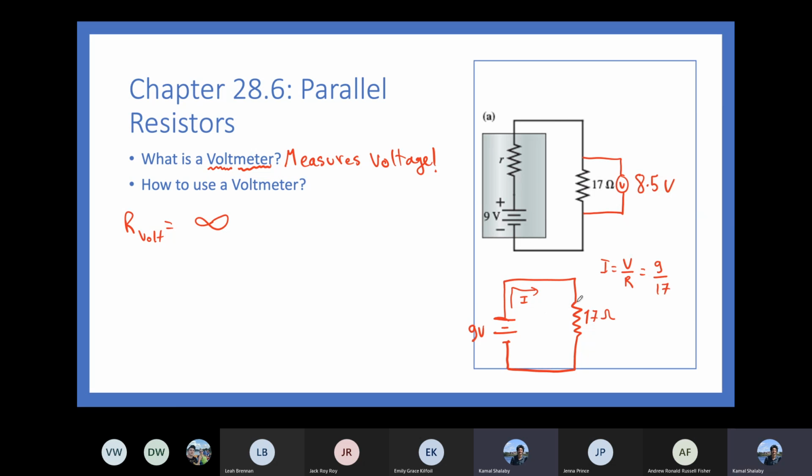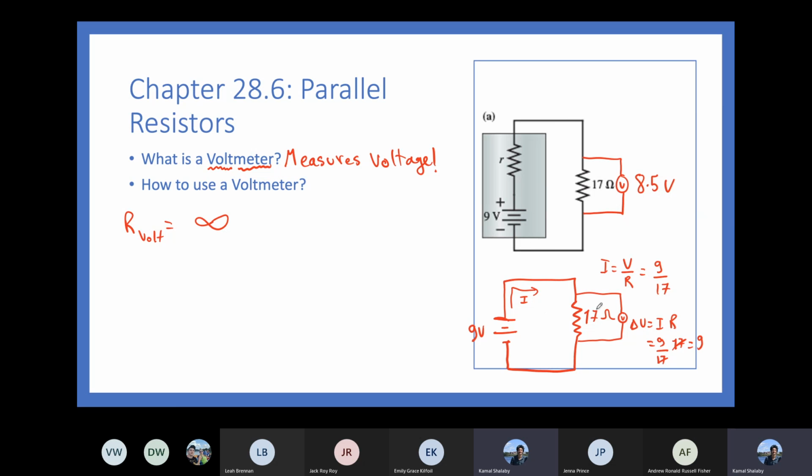If I want to find the voltage around this resistor, you just put it back. Delta V is equal to IR, which is 9 over 17 multiplied by the 17 of the resistor itself, giving you 9.